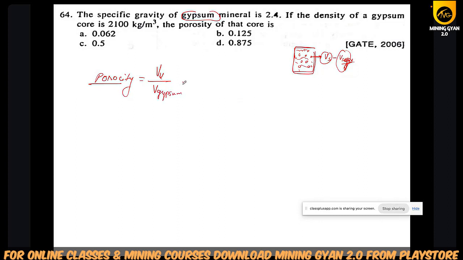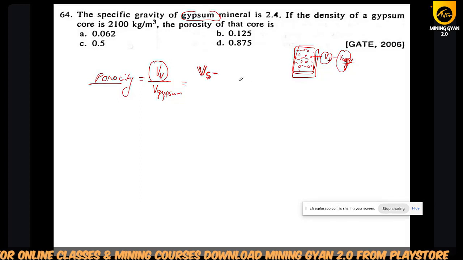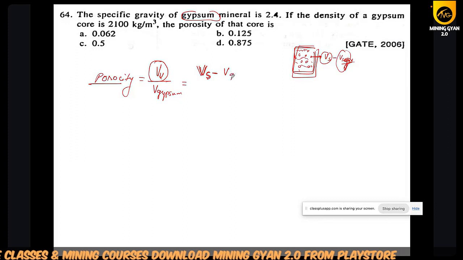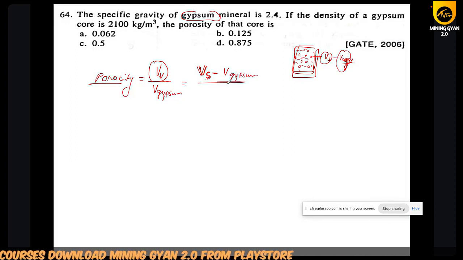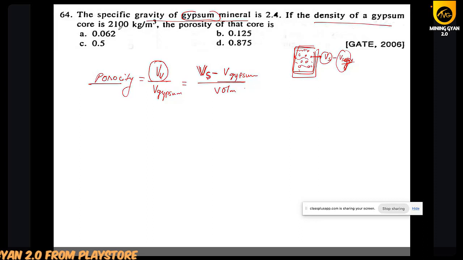So volume of void, you can write as the full sample, so volume of sample minus volume of gypsum, divided by volume of gypsum, using the specific gravity and density of the gypsum material.